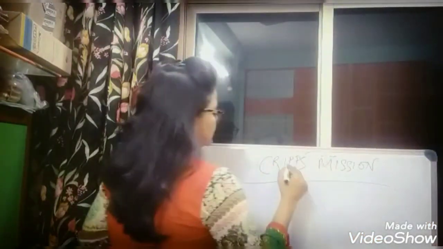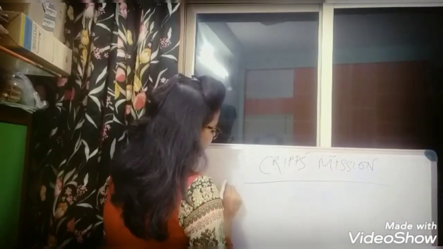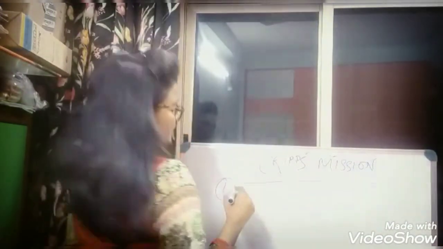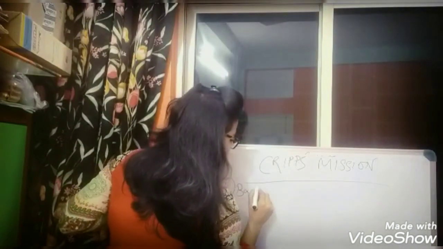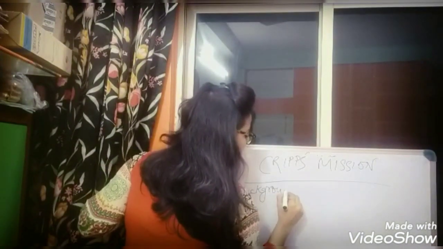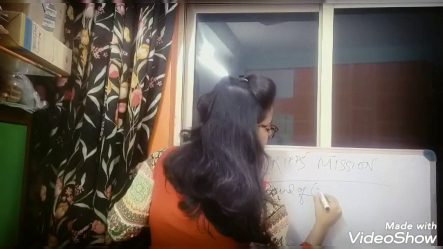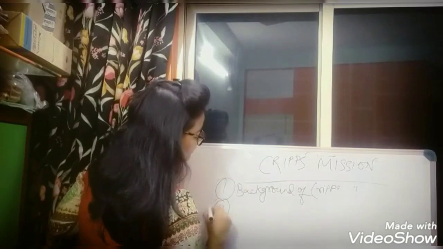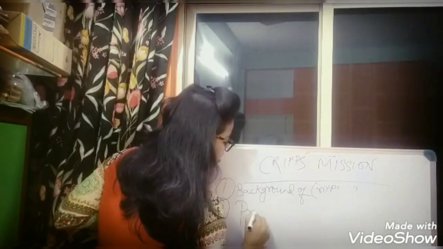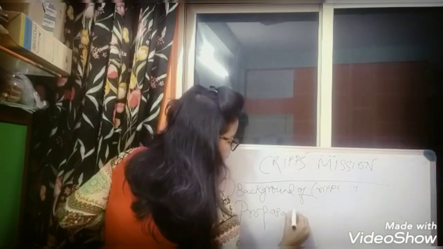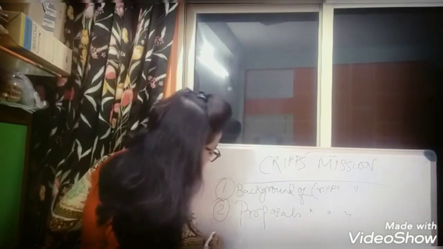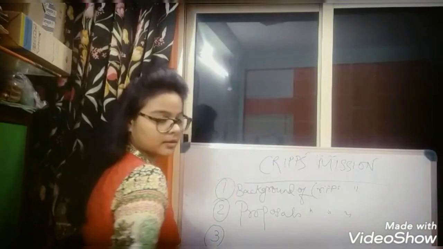For our better understanding of this entire topic, let's divide this topic into three subparts: the background of the Cripps Mission, the second subtopic is the proposals of the Cripps Mission, and the third subtopic will be failure of the Cripps Mission.